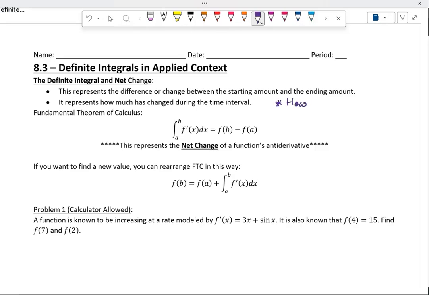So you can also think about it as how much has been accumulated or gathered together.